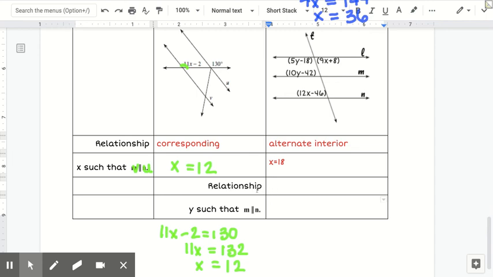All right, so now for the y, we're looking at the relationship between the y angles here. These two angles are between the two parallel lines, so they are interior. And in relation to the transversal, they are on the same side of the transversal. So these would be same side interior angles.